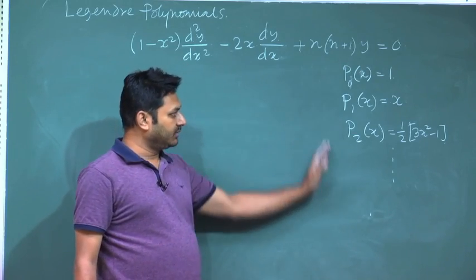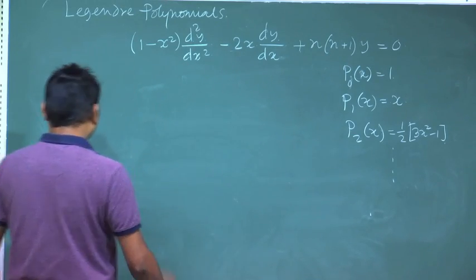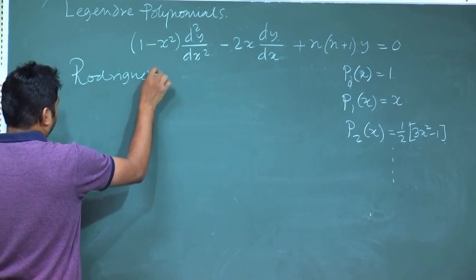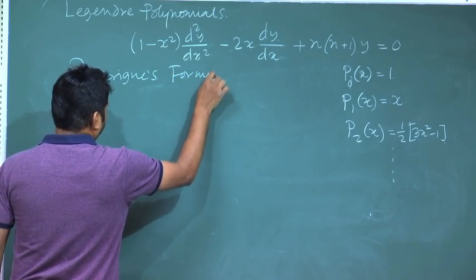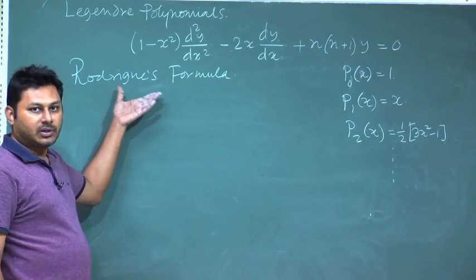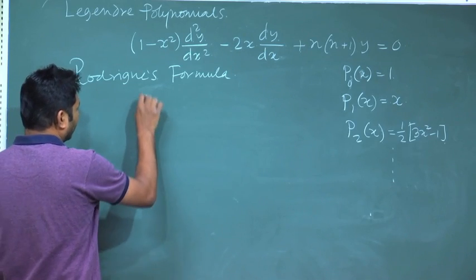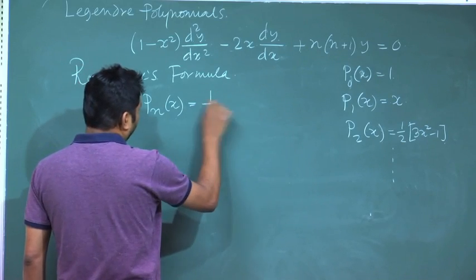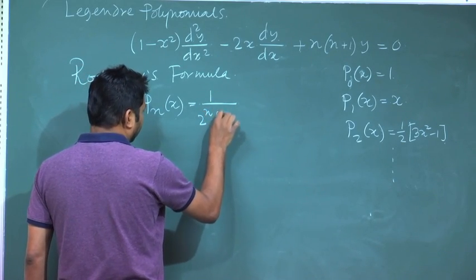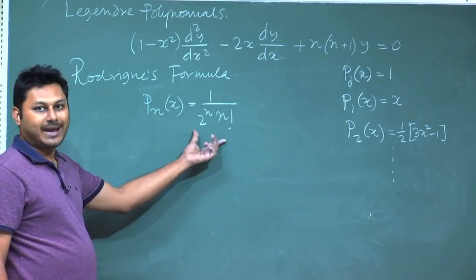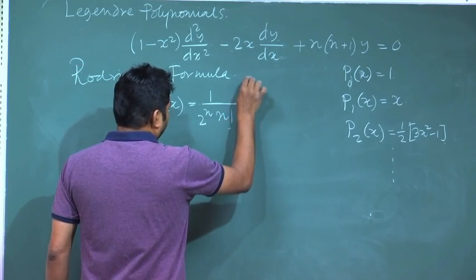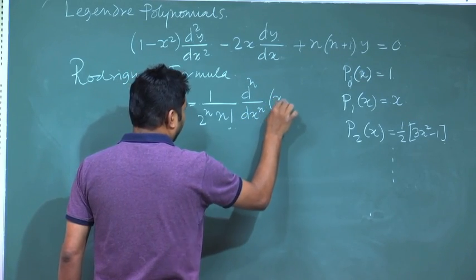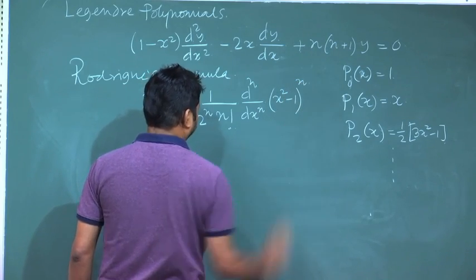In order to remember how these polynomials are obtained, we have something called Rodrigues formula. This formula suggests how to find Pn(x), and the formula is 1 by 2 to the power n factorial, times the nth derivative of the quantity x squared minus 1 whole to the power n.